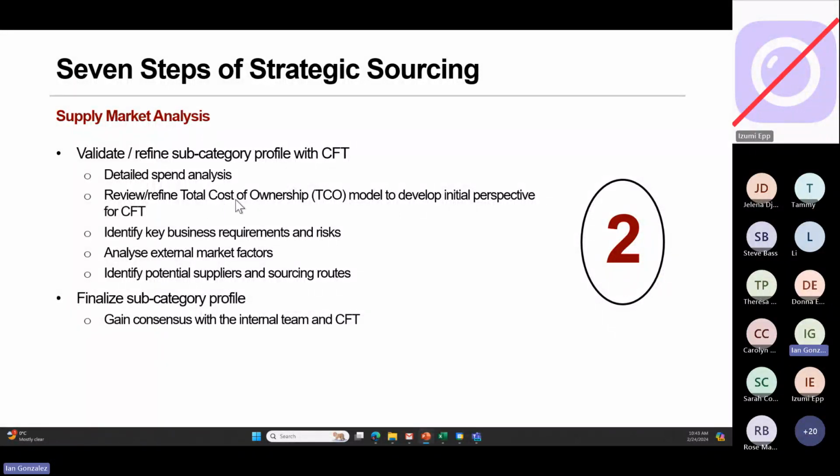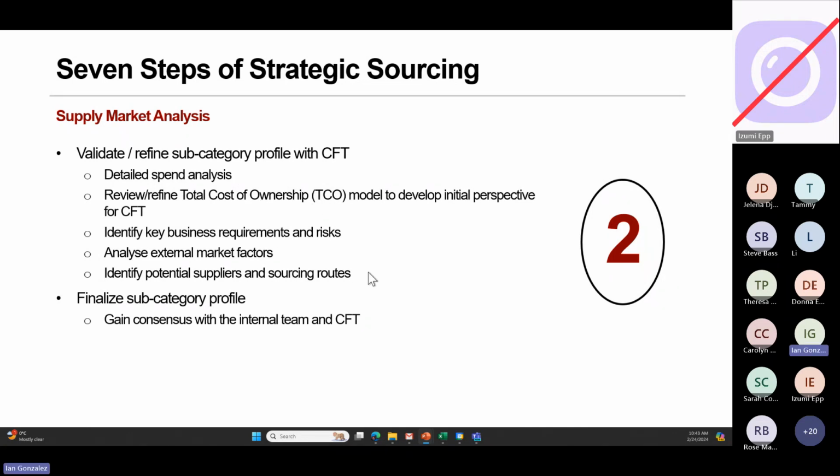Not everyone does TCO, but if you can, I highly recommend it, because this is again looking at a contract with more than just sticker price. You look at everything from the maintenance of something, to the costs to upgrade, to the savings for innovation, that sort of thing, like the total cost of being in a relationship.